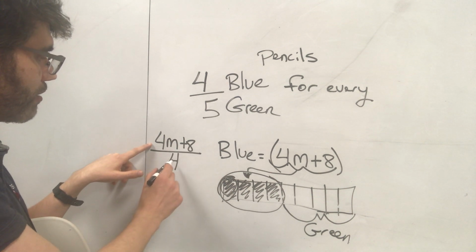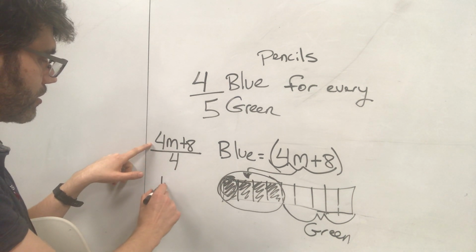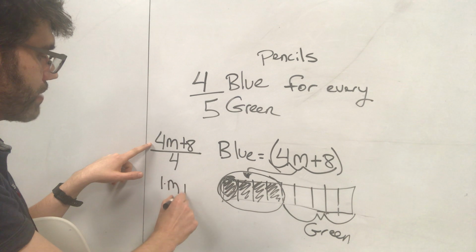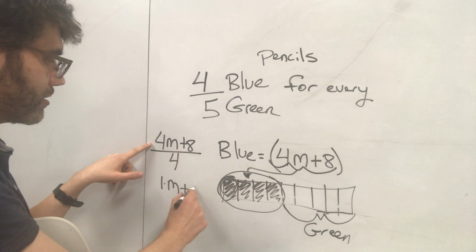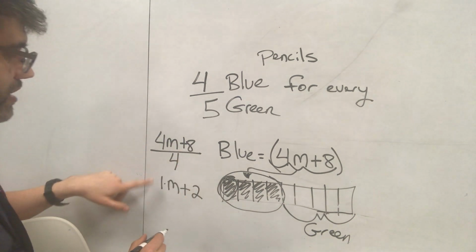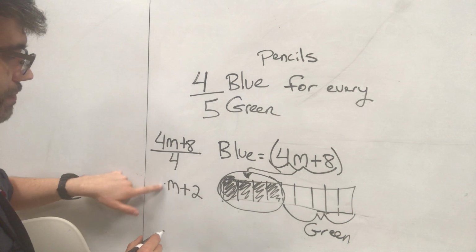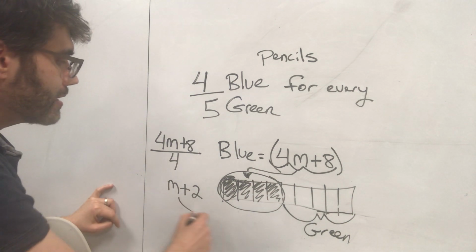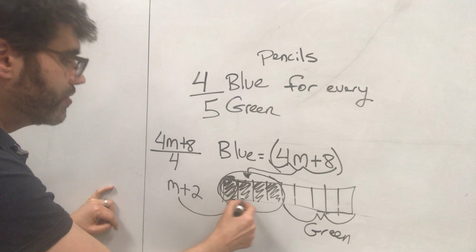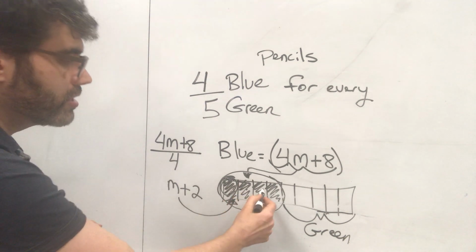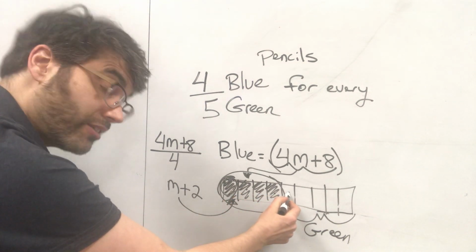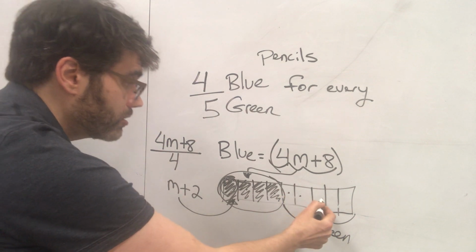Well, that would be 4 goes into 4 once, so that's 1m. 4 goes into 8 twice, so that's 2, and you don't need this 1. 1 times m is just m. So each block is m plus 2. This is m plus 2, this is m plus 2, this is m plus 2, this is m plus 2, this is m plus 2, this is m plus 2, m plus 2, m plus 2.